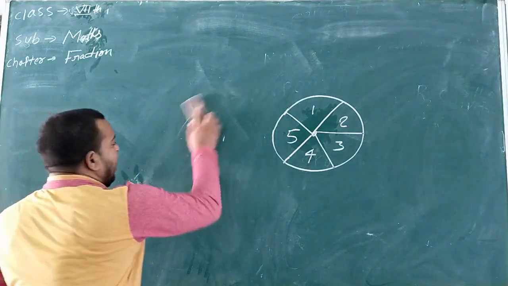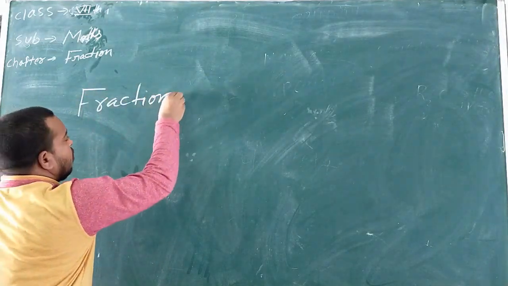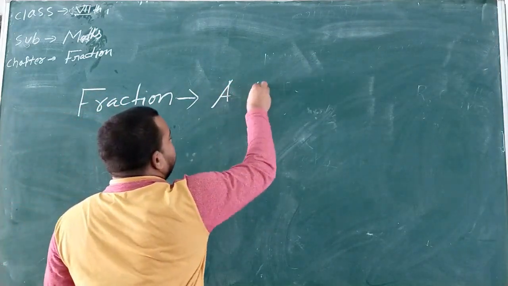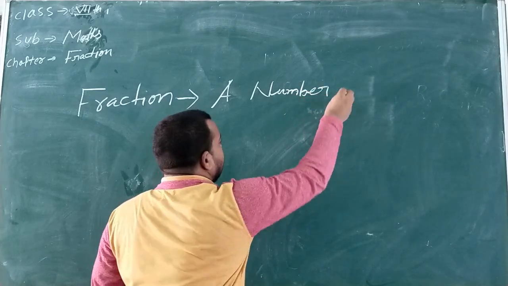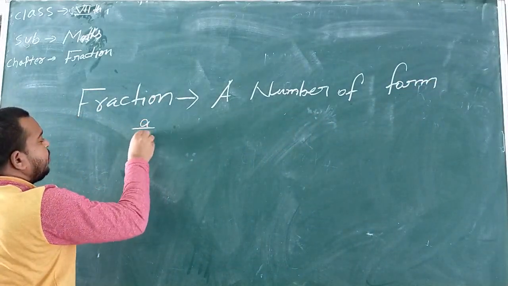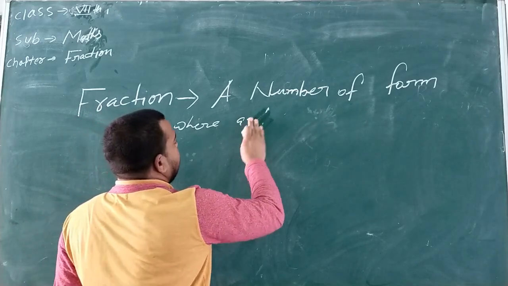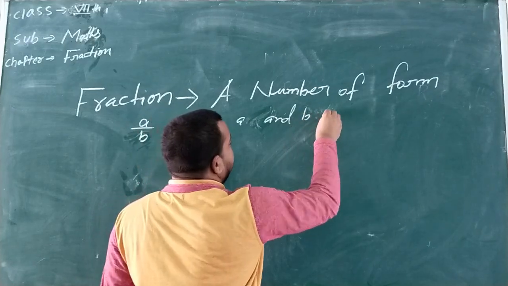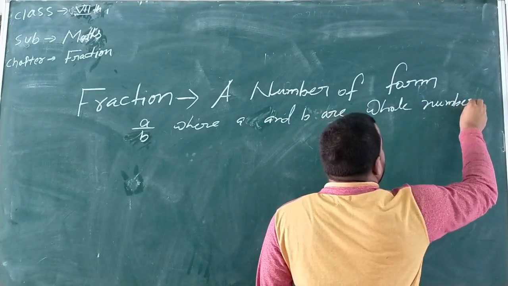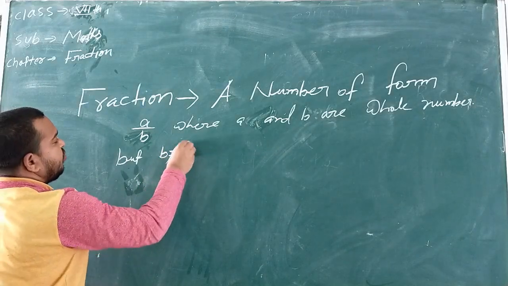So we can define a fraction as a part of a whole, or we can also define it as a number of the form A by B, where A and B are whole numbers but B is not equal to 0.